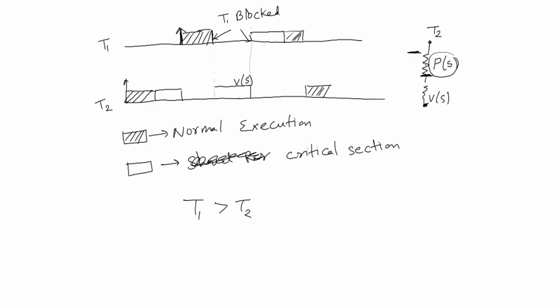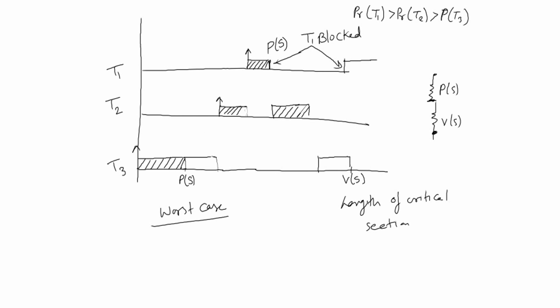Here the T2 task has entered into the critical section, and let's say that T1 arrives. It has to wait until T2 completely releases. This is known as the length of the critical section. But in the case of 3 tasks, this blocking part even exceeds the length of the critical section, right?